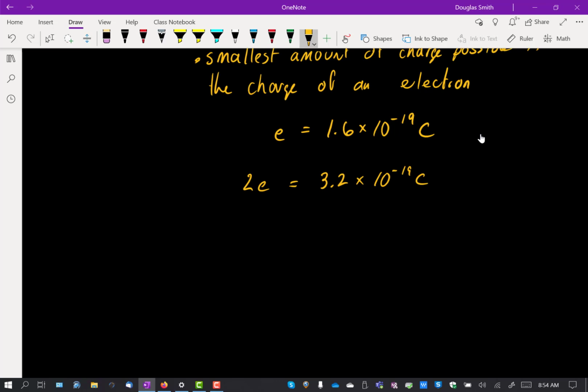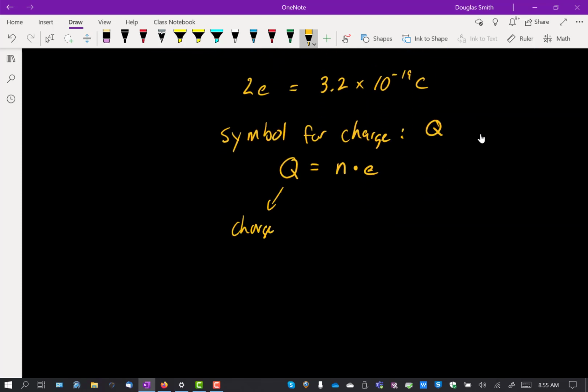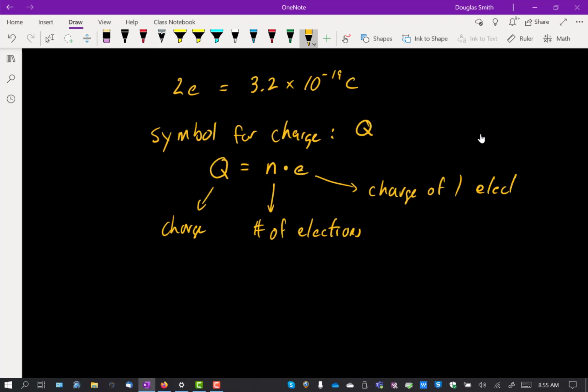So the symbol for charge is a Q. And if you want to know how much charge is somewhere, Q is some number times E: charge, number of electrons, and charge of one electron. Okay, so that's the idea of charge. So you double the number of electrons, you're going to double the charge.